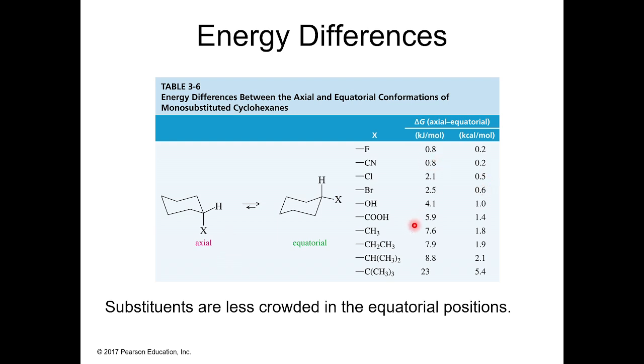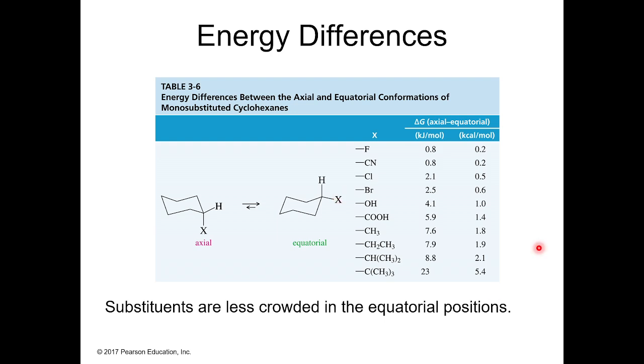So what do we see as we get larger substituents, like, for example, a tert-butyl group? It's a very large substituent, right? And so what happens to that interaction? It's a large energy difference, isn't it? This is going to be very unstable as an axial position, and the equatorial position is much more stable.